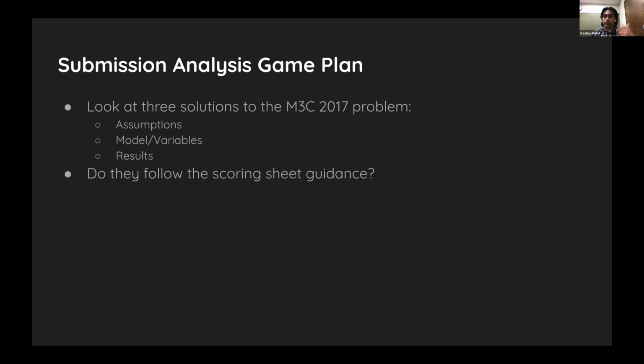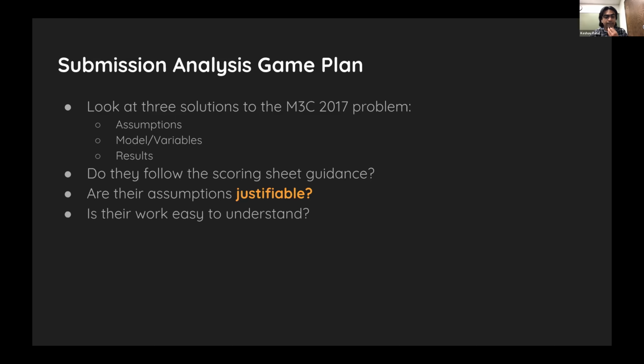Some questions that I think are going to really help us when we're analyzing these are: do they follow the scoring sheet guidance? Did they hit these check boxes that are in this document? Are their assumptions justifiable? Now, I'm not asking, are their assumptions good? I'm asking, did they back up whatever assumptions they made with evidence, with maybe some statistics, with some kind of citation to back up any claims that they make?